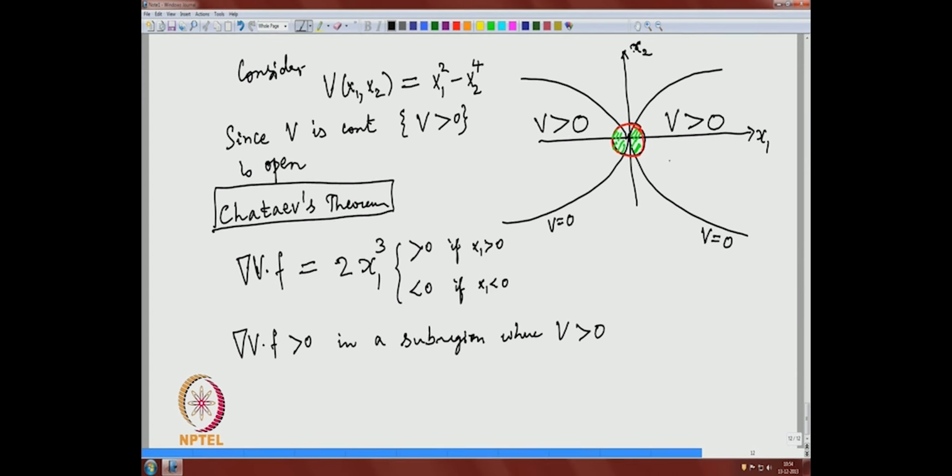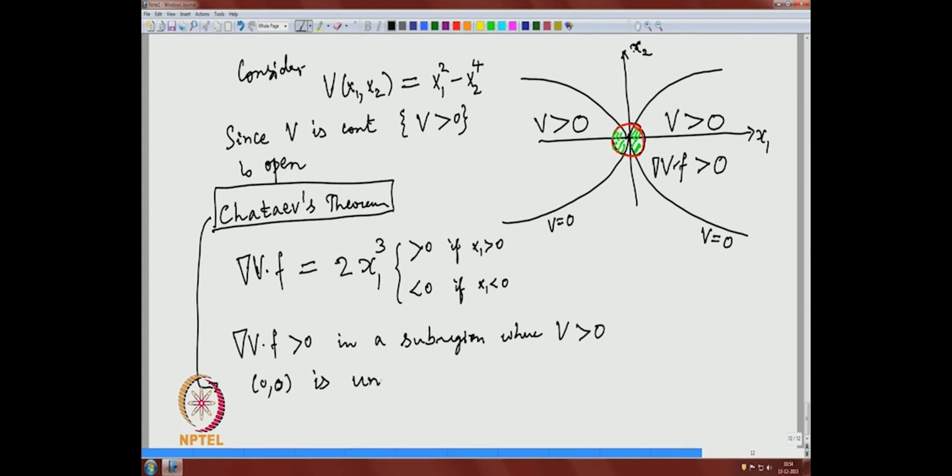So, in this region, grad V dot f is positive. Now you apply Chetaev's theorem and conclude that 0 0 is unstable.